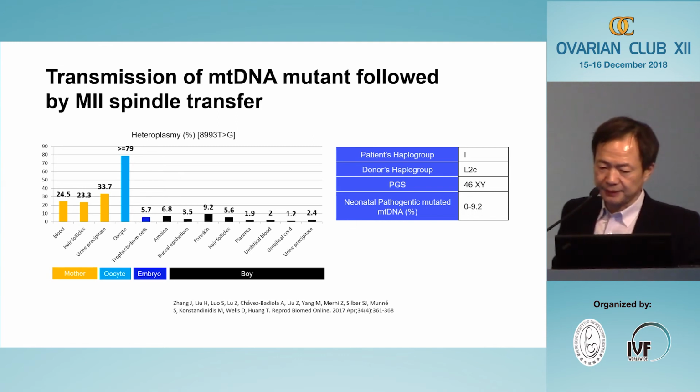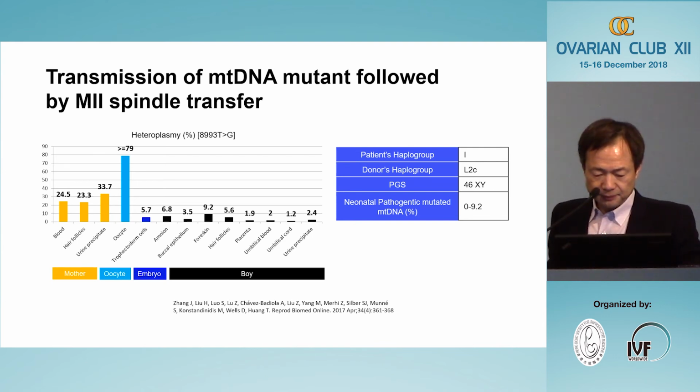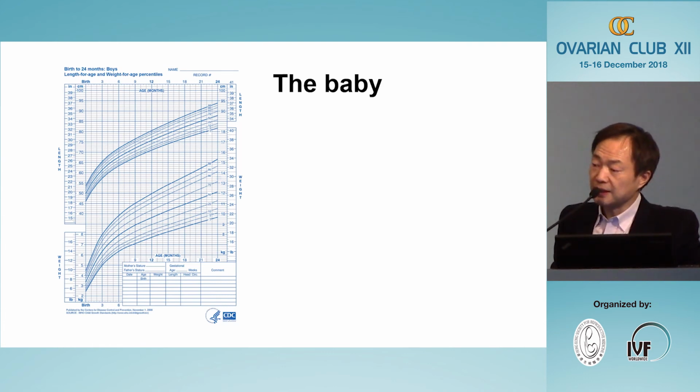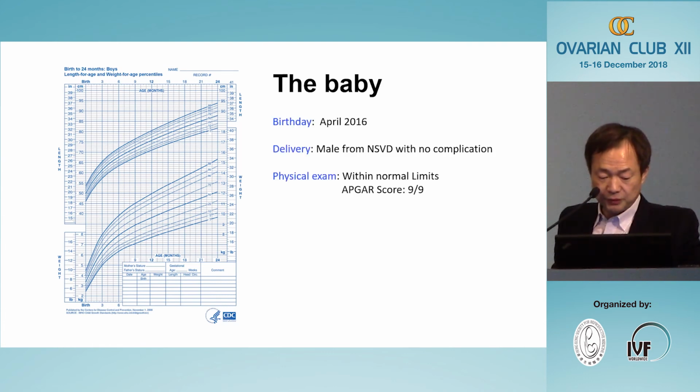So this clearly shows that this technique is feasible. And this is the baby in the life chart. So far the baby is normal, and he was born in April 2016. We have followed up the baby, and all the criteria are within normal limits.